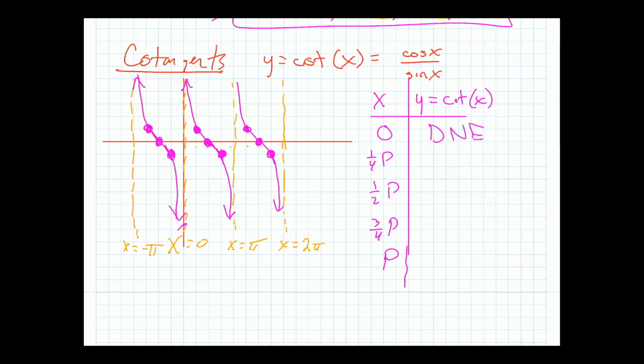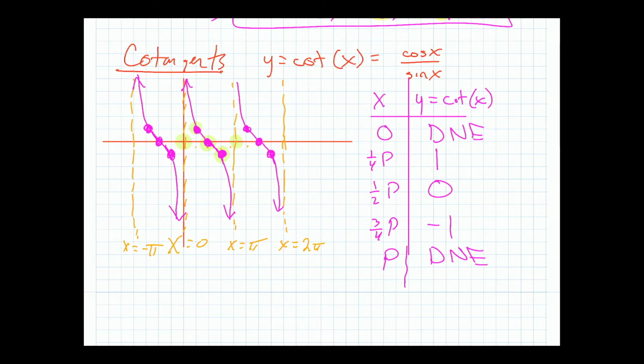So the first x value is right here, so that's an asymptote. The next x value is right here, so that's up at 1. The next one is here, so that's at 0. The third one is at -1. And then you've got here, which is another asymptote.